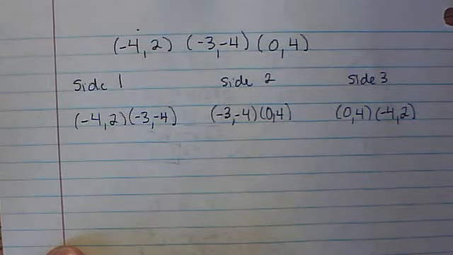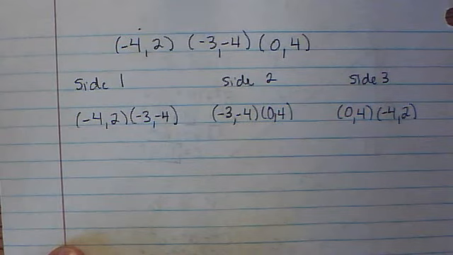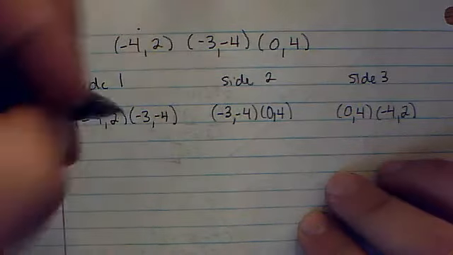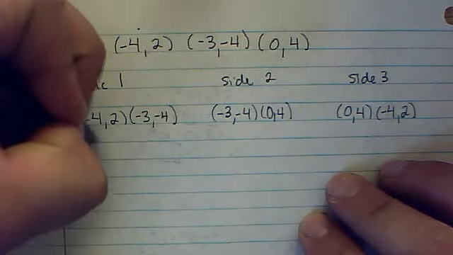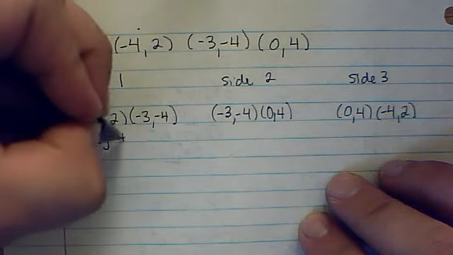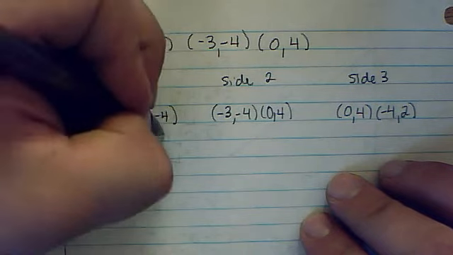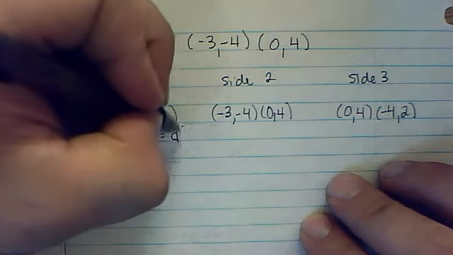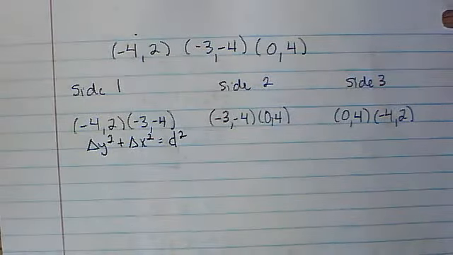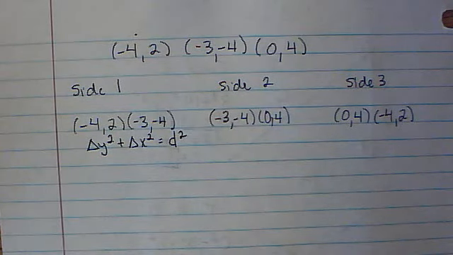Now I have to use the distance formula to actually figure out the lengths of those sides. Remember, the distance formula is a variation of the Pythagorean theorem, except instead of saying A and B, we're going to be saying that the change in y squared plus the change in x squared is equal to my distance squared.